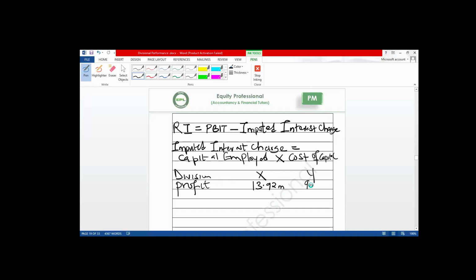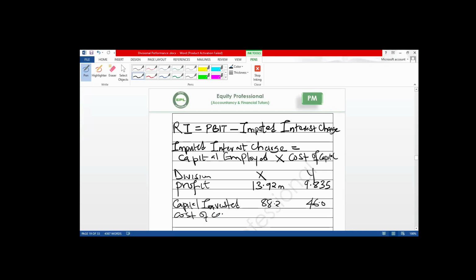Profit here is 9.835. Capital employed, that is the capital investment invested, 88.2, 46.0 million.